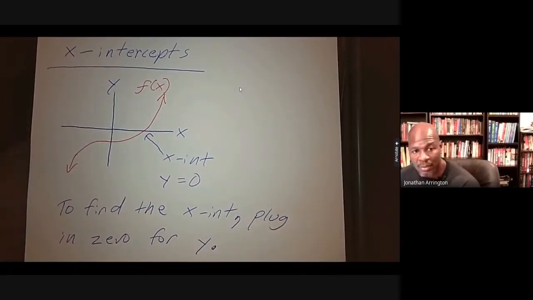I'm not writing solve for x, but of course, after we plug in 0 for y, we're going to solve for x. Now, when we plugged in 0 for x for the y-intercept, man, that was easy. Well, plugging in 0 for y is really not as easy, because it's like solving the equation.